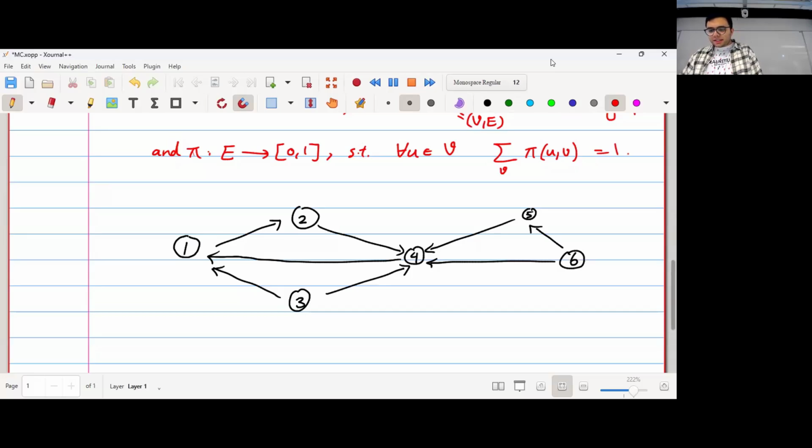So let's say if I'm at 6, with probability half, I would go to 5, and with probability half, I would go to 4. If I'm at 5, there is only one outgoing edge, so it has to have a probability of 1. If I'm at 4, again, there's only one outgoing edge. I don't like that. Let's have 2. So let's say this one has probability 0.3, this one has probability 0.7. If I'm at 2, let's say this one has probability 0.1.